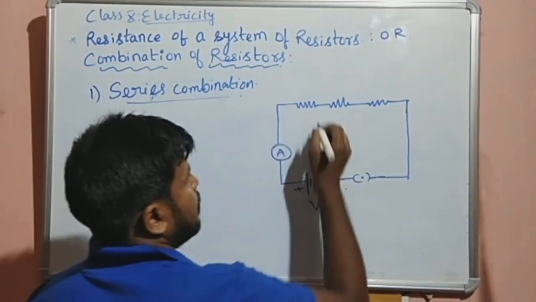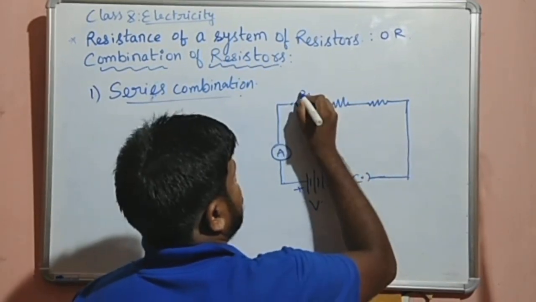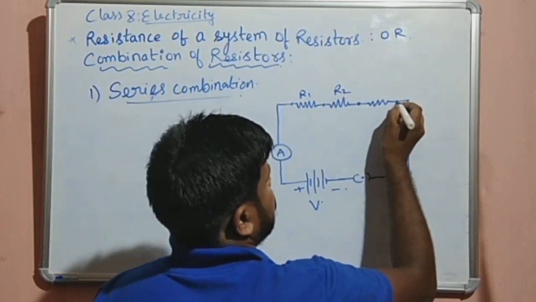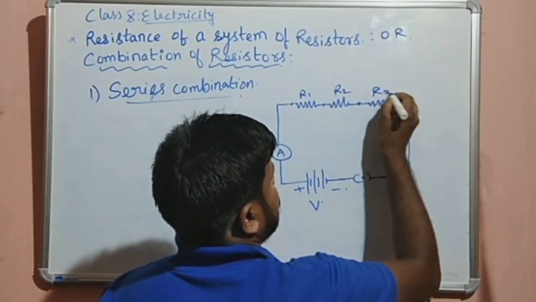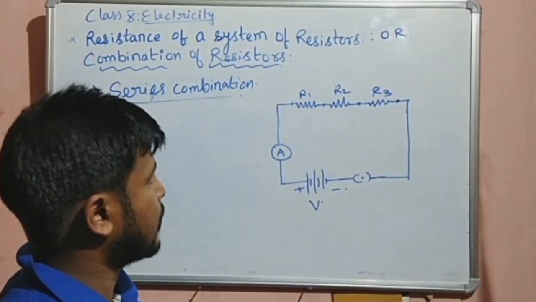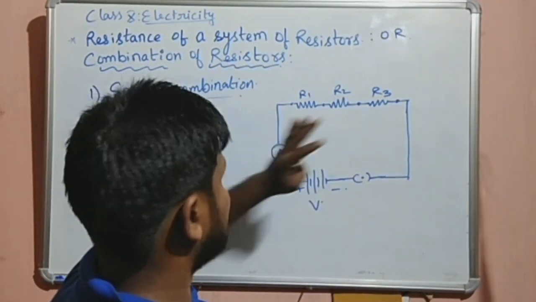This is resistance R1, resistance R2, resistance R3. Resistance R1, R2 and R3. How have we connected them? This is what the series combination is.